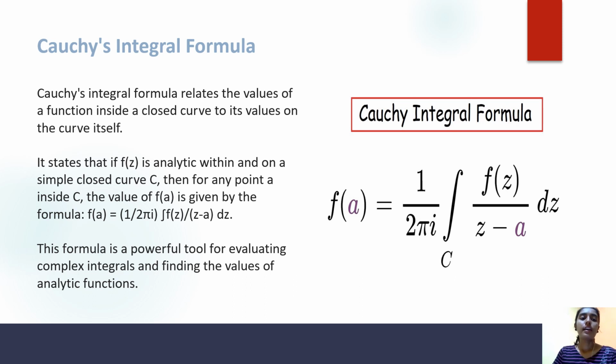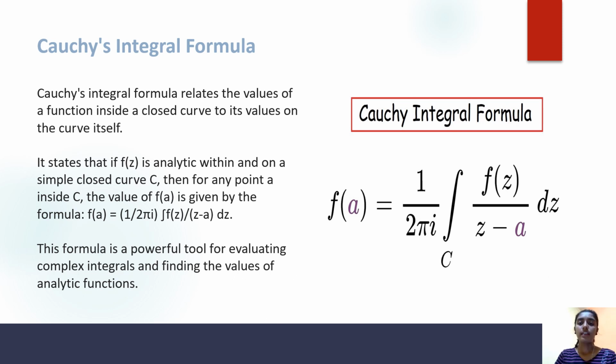It states that if f(z) is analytic within and on a simple closed curve C, then for any point a inside C, the value of f(a) is given by the formula f(a) = 1/(2πi) ∫ f(z)/(z − a) dz. This formula is a powerful tool for evaluating complex integrals and finding the values of analytic functions.